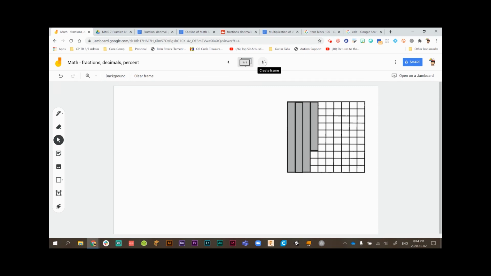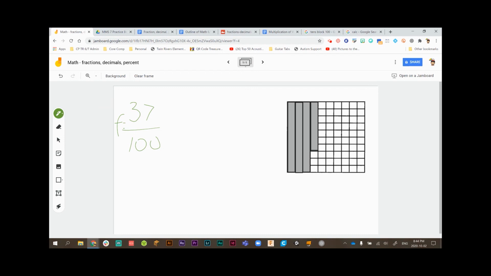Our last one is one that I've given you that's filled in. So if we add these up, that's 10, 20, 30, 3, 4, 5, 6, 7. So 37. So I know my fraction is 37 over 100. Now, how do I go to a decimal? I'm going to pause for a sec, let you think.